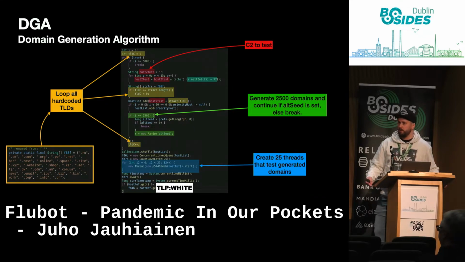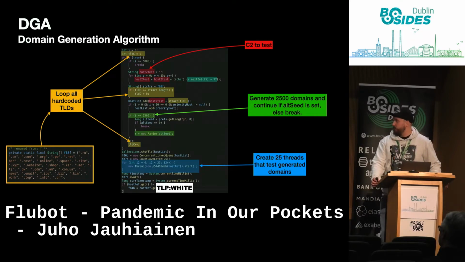Yes, the Soviet Union has its own TLD. Now they are using a big list of different TLDs, but the active C2s are usually in .ru, the Russian country domain.